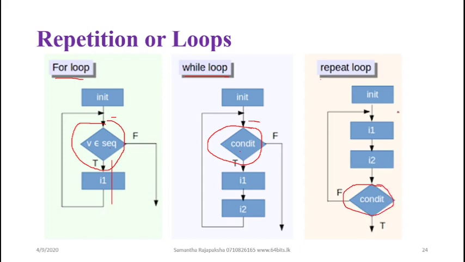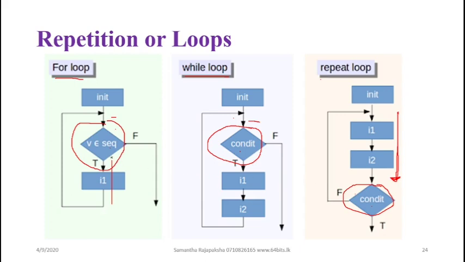That means this will be executed at least once, then you check whether the condition is true or false. There, if the condition is false, it never executes. But here, whether the condition is true or false, this program code will be executed at least one time, and then we check the condition. So one difference is that there the condition is tested at the beginning, and here the condition is tested at the bottom.